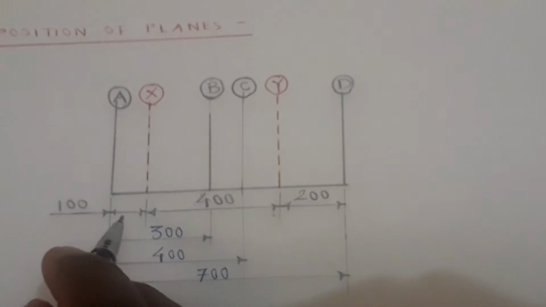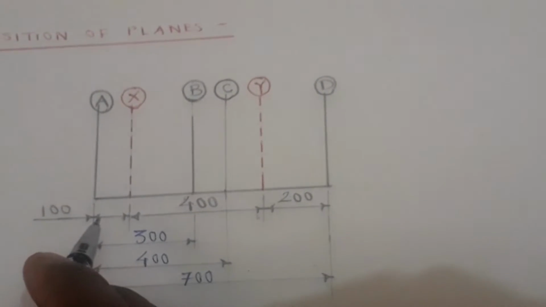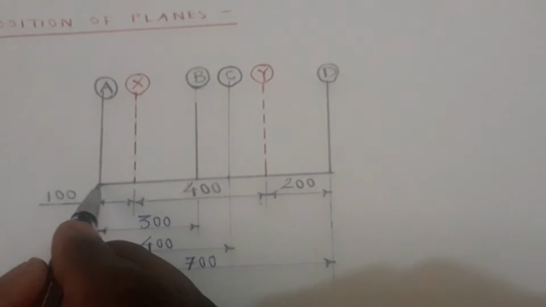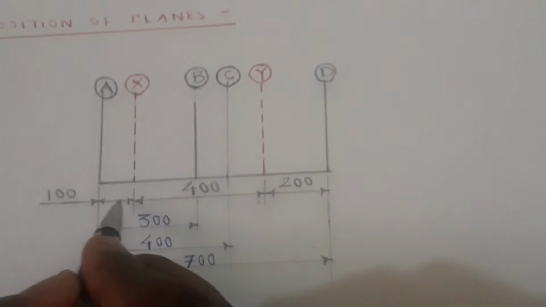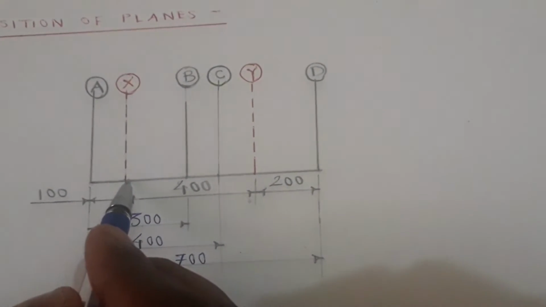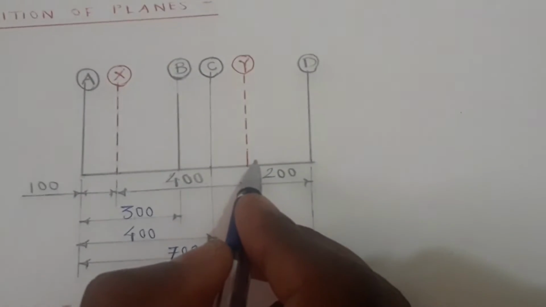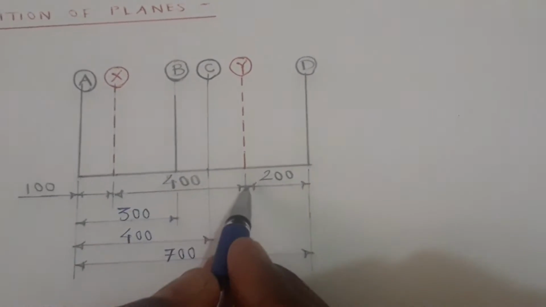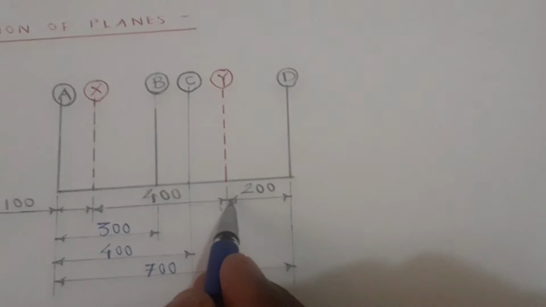Whereas the positions of X and Y are given: the distance between plane A and X is 100 millimeters, so at 100 millimeters distance we have drawn the plane for X. Then for Y they have given the distance between X and Y, which is 400 millimeters.